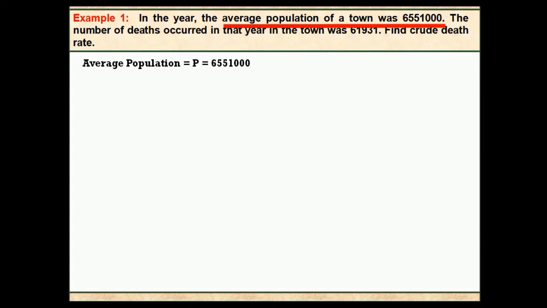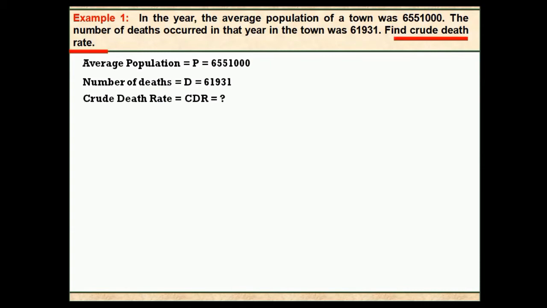According to the question, average population is given. Therefore, average population, P, equals 65,51,000. Number of deaths, D, is 61,931. Here we need to calculate crude death rate.